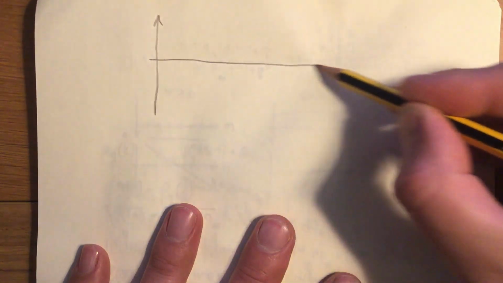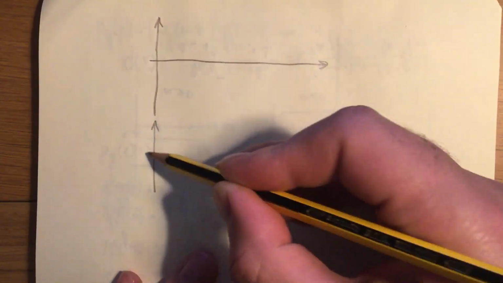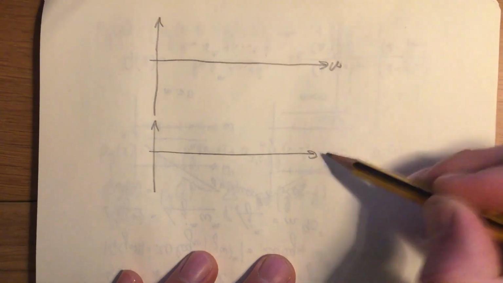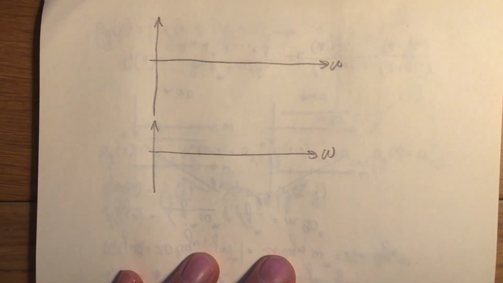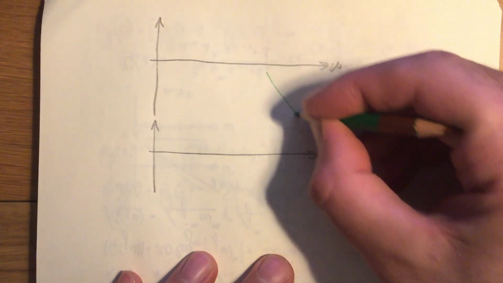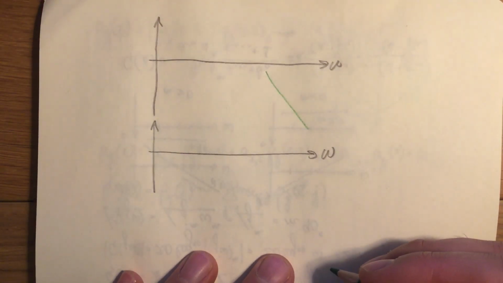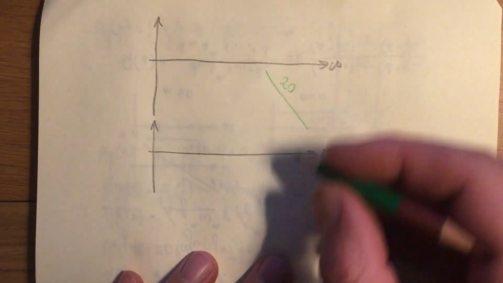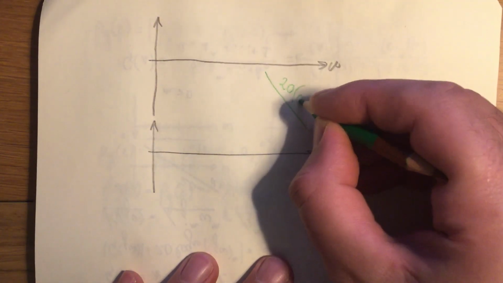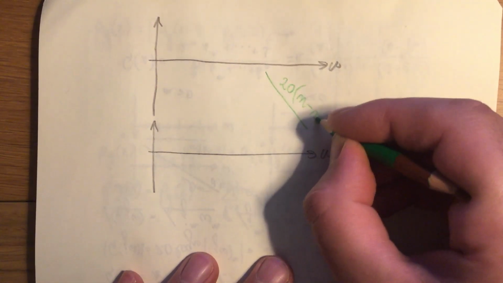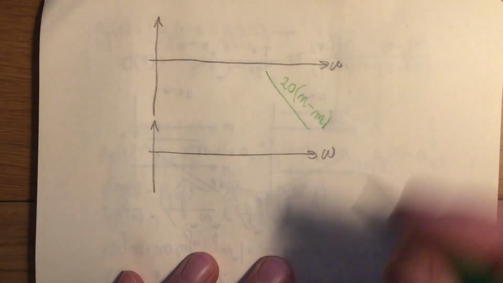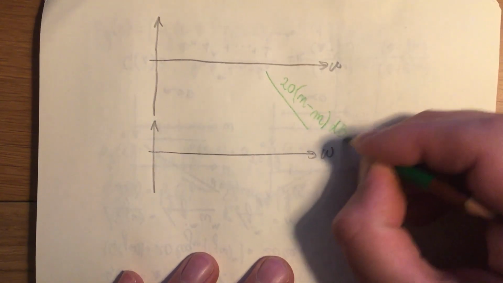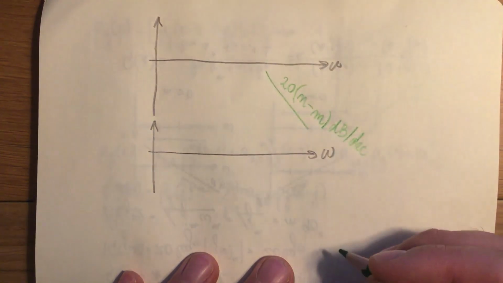We will have a Bode diagram that at high frequencies will go down with a slope equal to 20 times the number of poles minus the number of zeros, in decibel per decade.